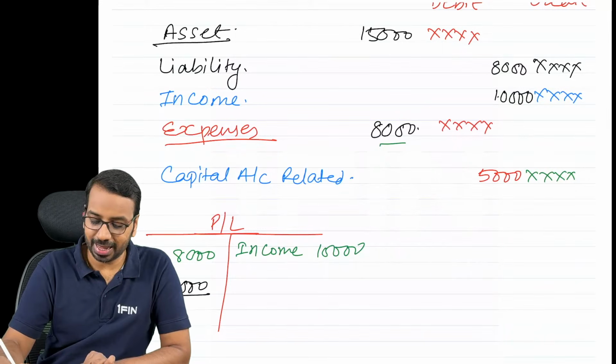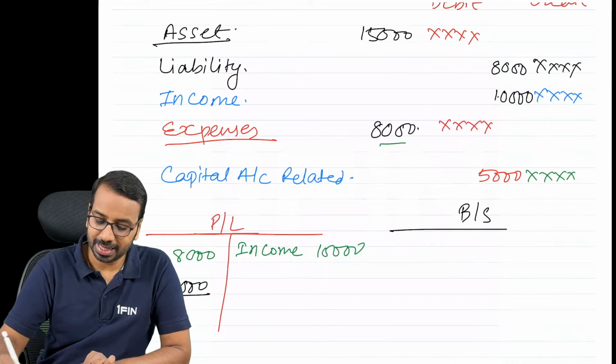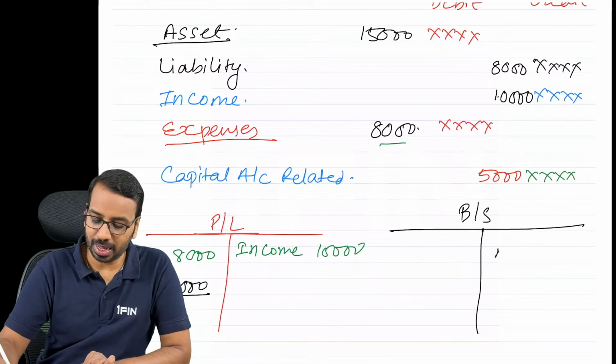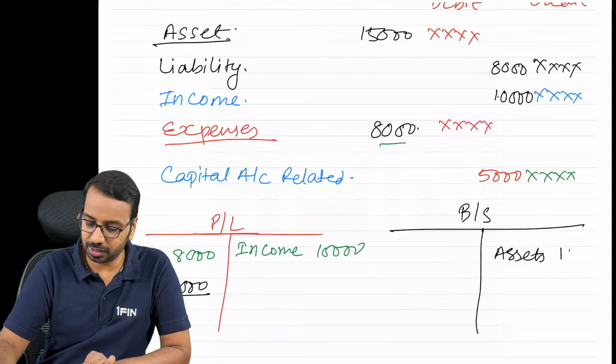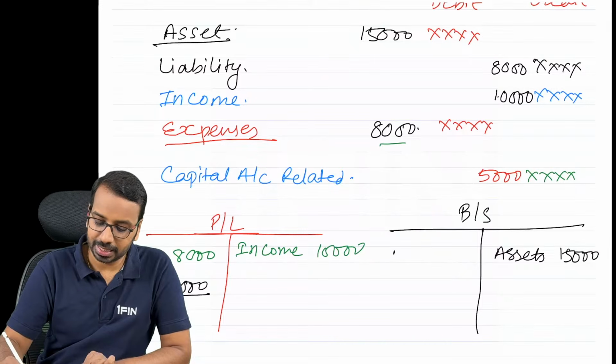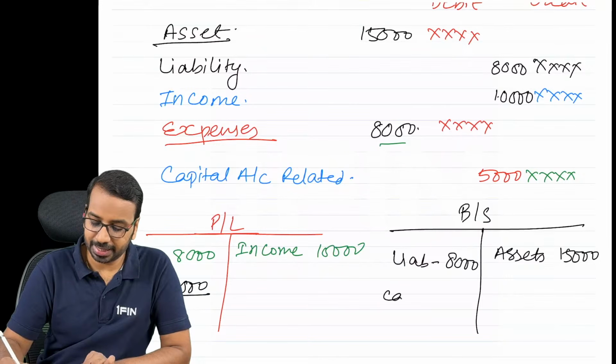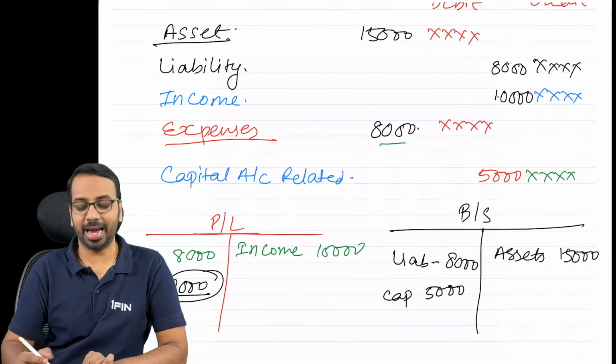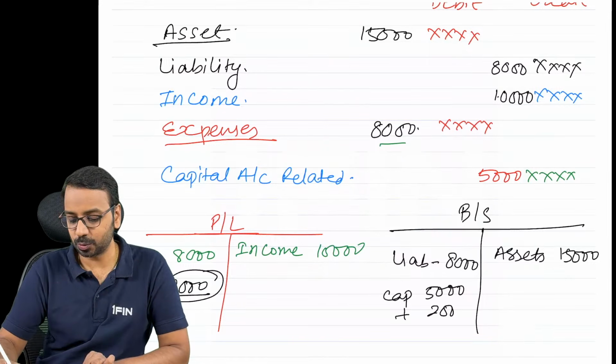All right. Then come to balance sheet. In the balance sheet, you have assets of 15,000, liabilities of 8,000, capital of 5,000 plus 2,000 you'll add, right? So you will say plus 2,000, which is 7,000.